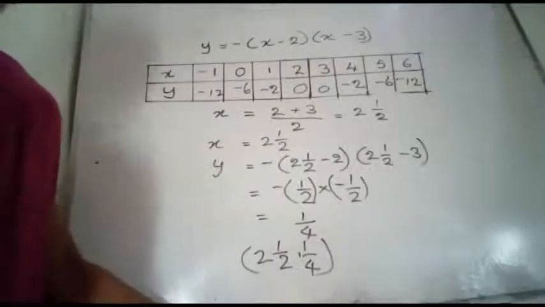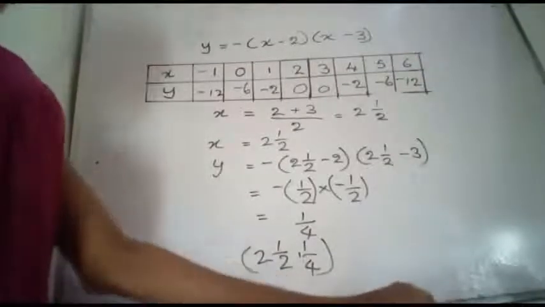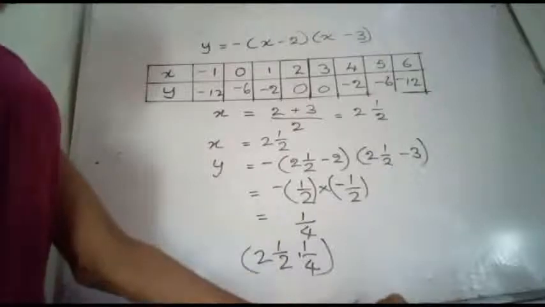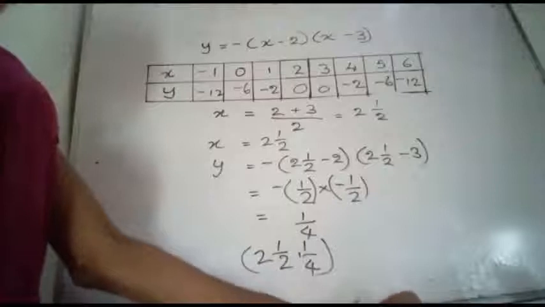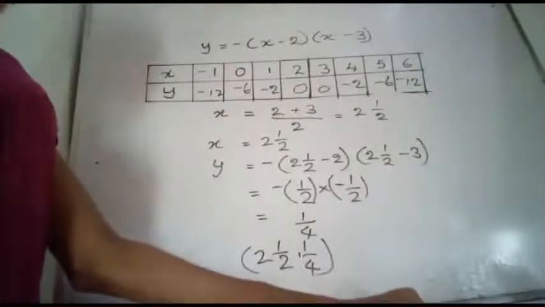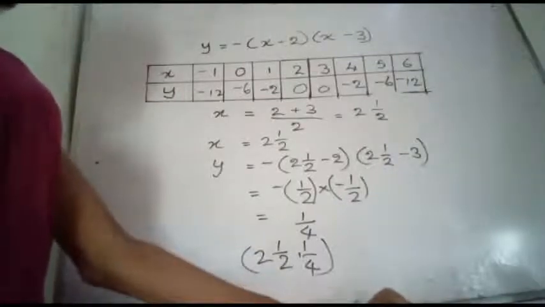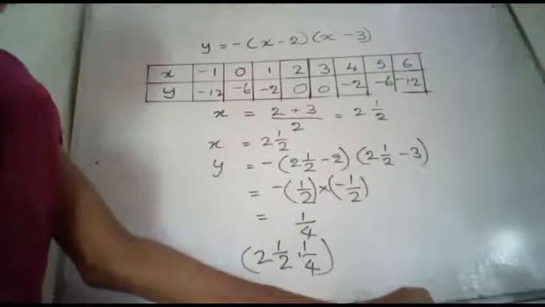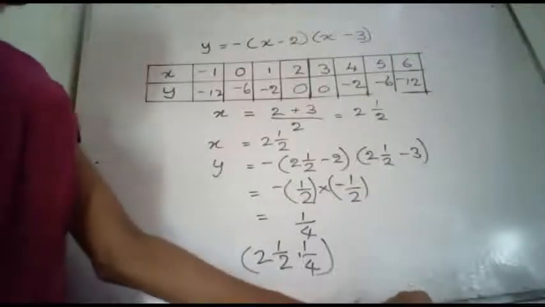Now, by taking 10 small divisions along the x-axis to be 1 unit and 10 small divisions along the y-axis to be 2 units as scale, the graph of the given function can be drawn as follows.